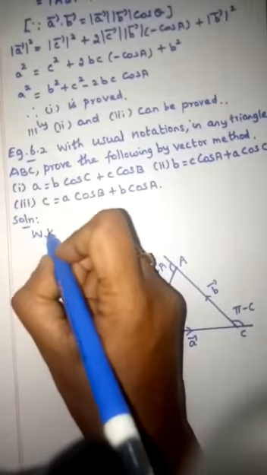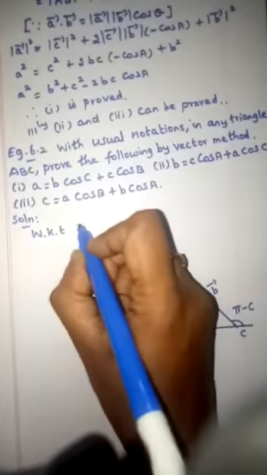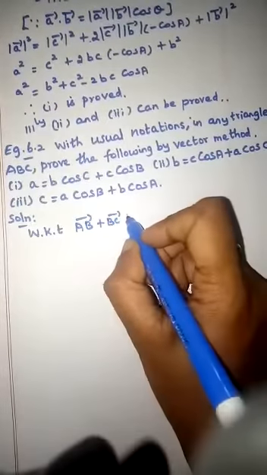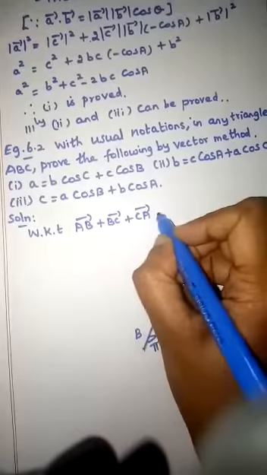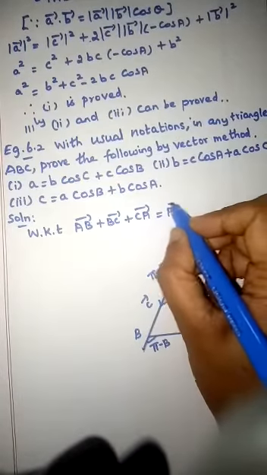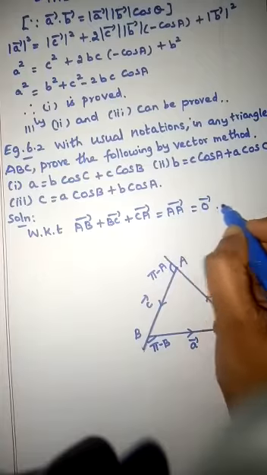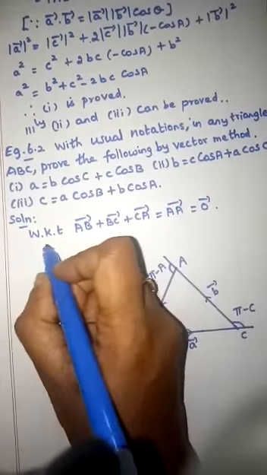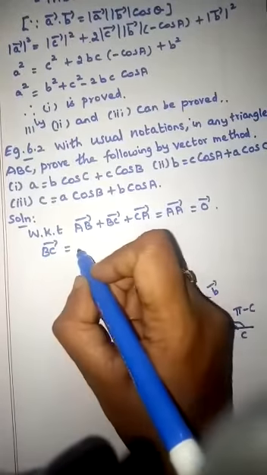We know that AB vector plus BC vector plus CA vector is equal to what? Starting and ending are same, so AA vector you can write, and it will be equal to 0 vector. Now BC vector I am keeping here. BC vector equal to, take other two terms to the next side.